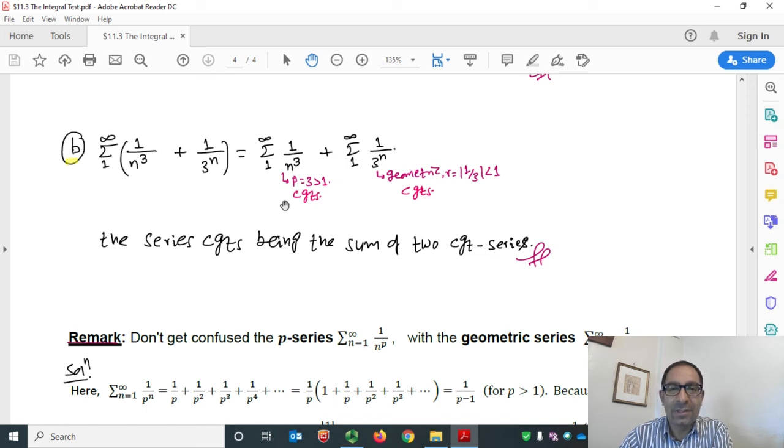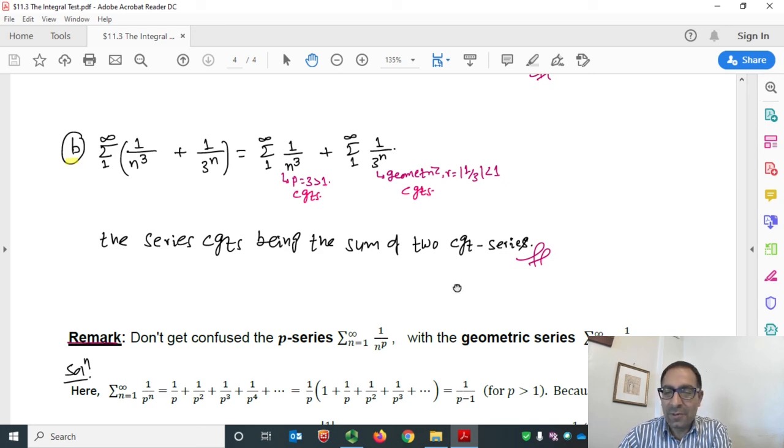Now the first one is a p-series, p equals 3 greater than 1, so it converges. The second series is a geometric series with common ratio 1 over 3, which is less than 1, again converges, and hence the given series converges.